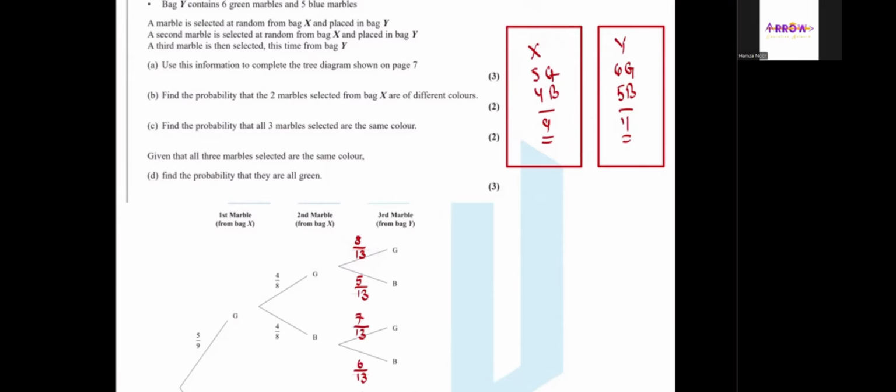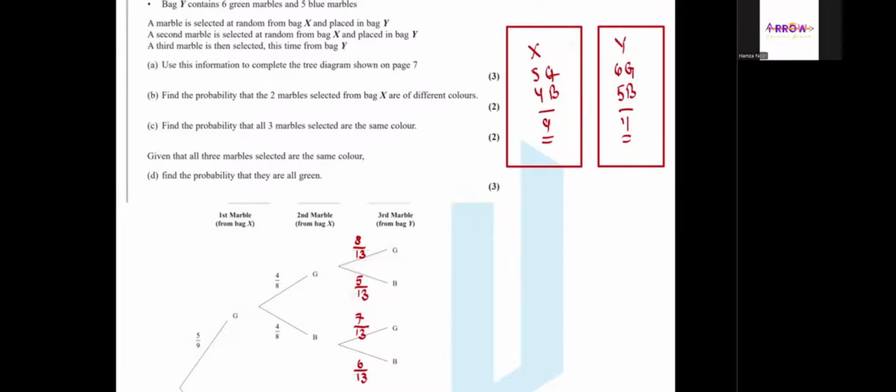Originally, bag Y had 6 green marbles, and after the two green marbles are placed in bag Y, it has 8 green marbles, so 8 over 13 over here. Then green, green, blue, meaning the first two marbles selected from bag X are green, and the third marble selected from bag Y is blue.